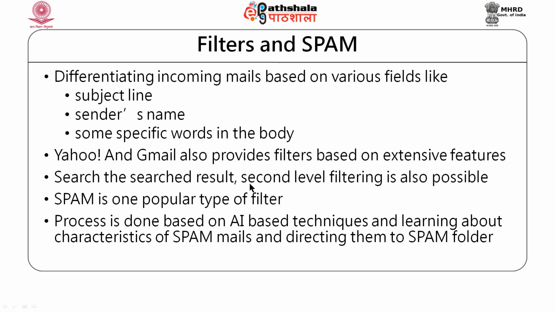Spam is one popular filter which is doing a quite interesting job, using AI techniques and solving the problem of spam mails. It filters spam mails into a separate folder, many times called the bulk folder or unwanted folder. So, that is our spam folder.